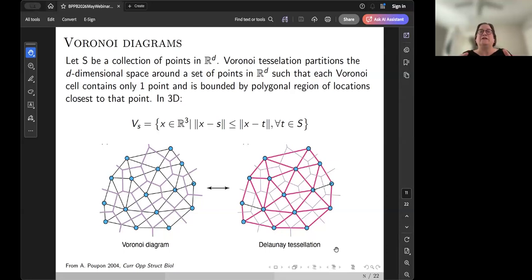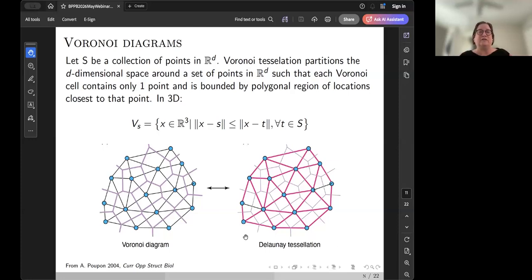What a Voronoi tessellation does for us is it partitions the space around that set of points such that each cell contains only one point and is bounded by a polygonal region of locations that are closest to that point in the rest of the space.